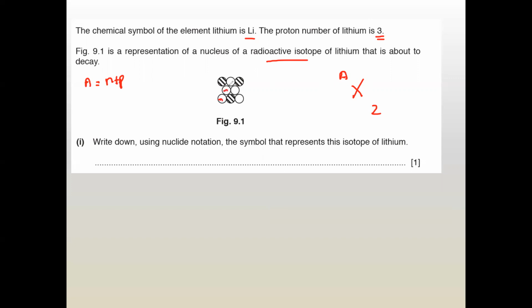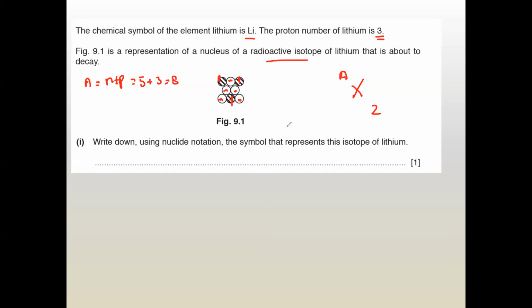And the unshaded circles represent the neutrons. So what is A here? A is the sum of neutrons and protons. According to this figure, how many neutrons are given? 1, 2, 3, 4, 5. So 5 neutrons, and 3 protons. So 5 plus 3 is 8.